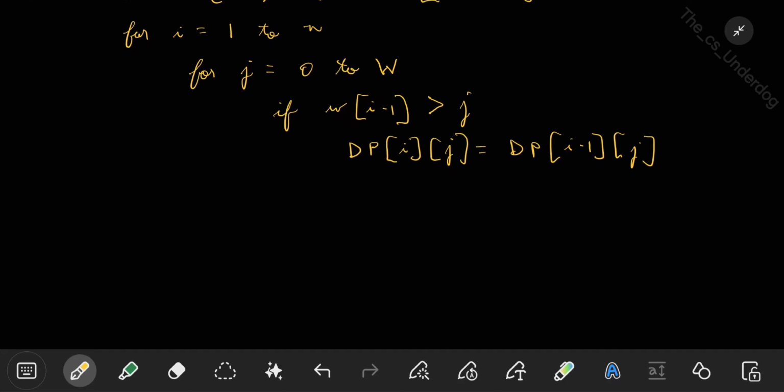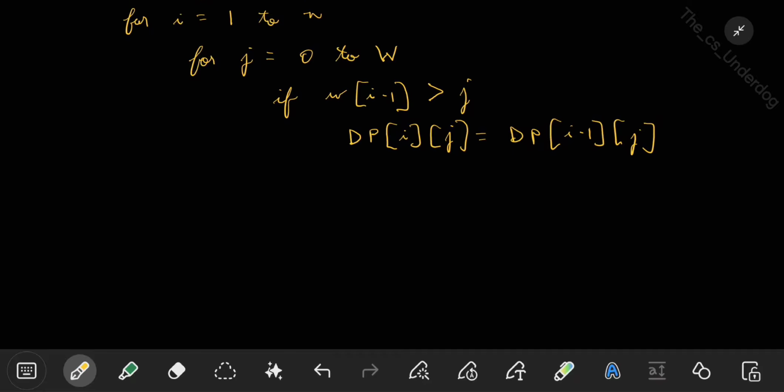So what is the next condition? The next condition is, what if the weight is less than or equal to j? Else, so actually I just want to write else, but so that you see what exactly is the condition, I am writing else if. Okay, it only requires an else, but I want you to see what is the exact condition. If weight of the ith item, w of i minus 1, is less than or equal to j, if this is the case, in this case what should you do?